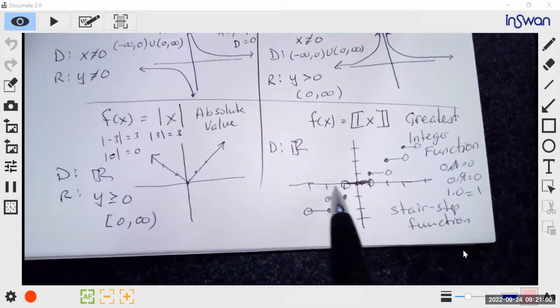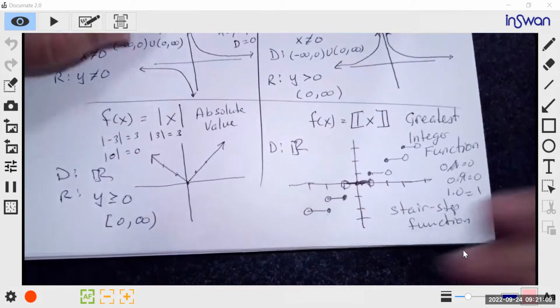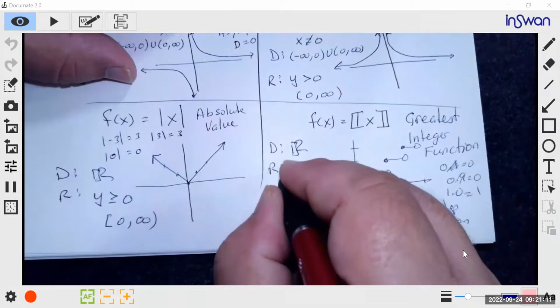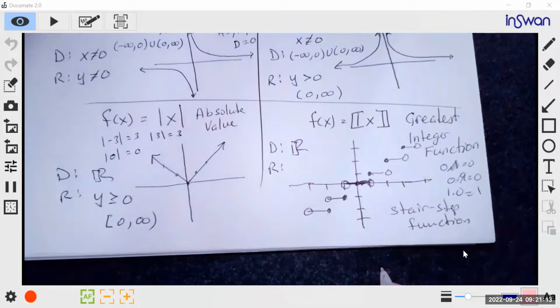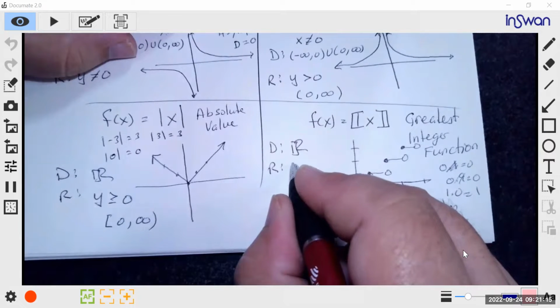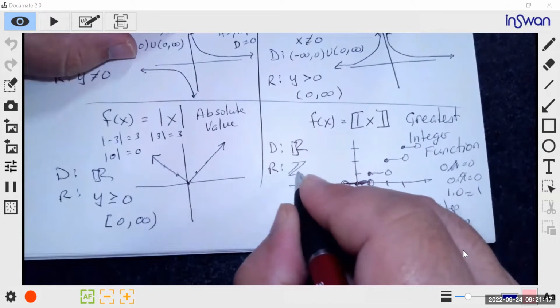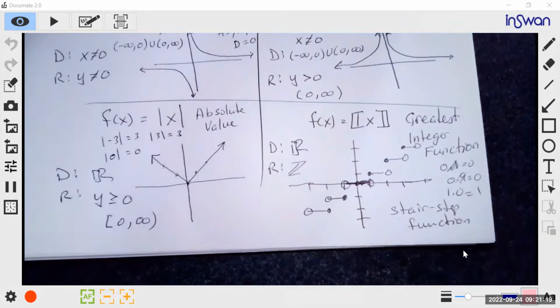When it goes to -1, it jumps from -2 to -1, and so on. So you never have any openings. How about the range? That Z stands for integers. The range is only the integers from negative infinity to positive infinity, no decimals. And that's what that Z stands for.